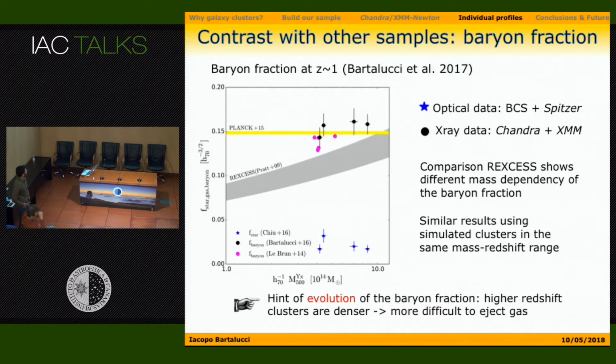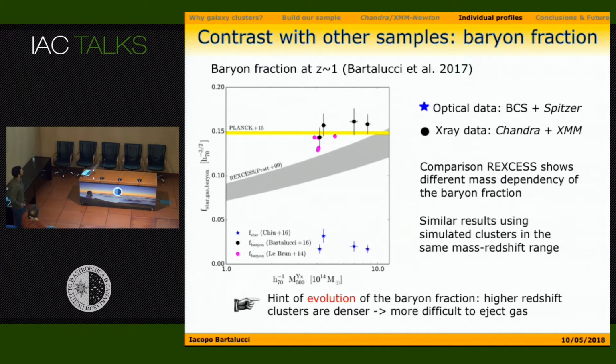And again, in order to compute the baryon fraction, you need to know the baryons and the dark matter that you have there, so all these biases that you have been mentioning are going to affect the final value that you end up with. So, is it true that the baryon fraction is smaller than the cosmological one? First, and what is the physical mechanism that gets rid of these baryons?